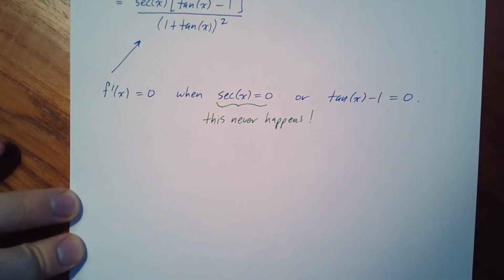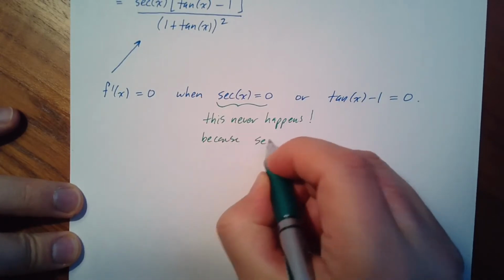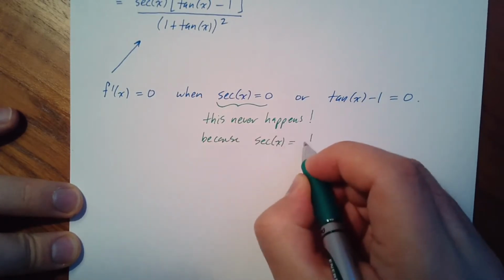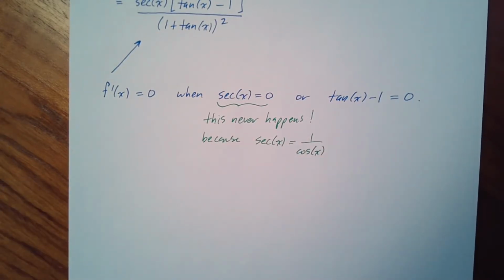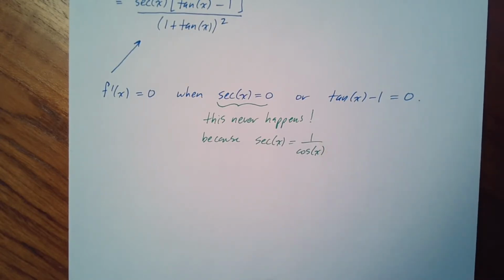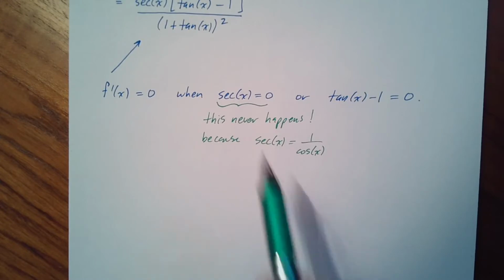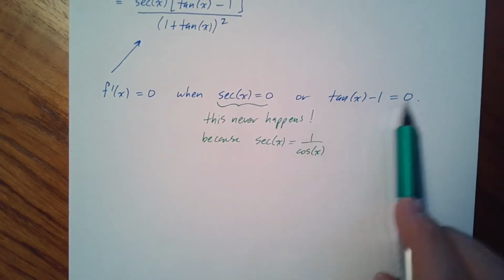And why is that? Because secant of x, remember, is equal to 1 over cosine of x. And when is a fraction equal to 0? When its numerator is equal to 0. But this numerator is always equal to 1. So secant of x is never going to be equal to 0. You can rule this one out and forget about it. It's going to come down to this equation.